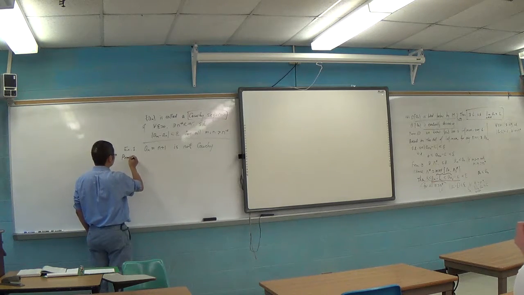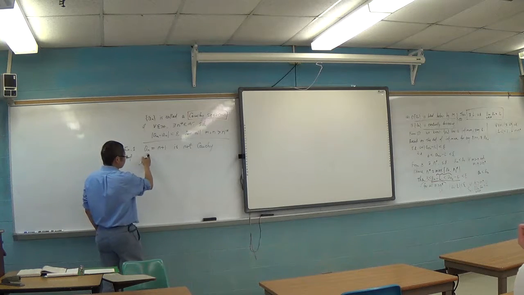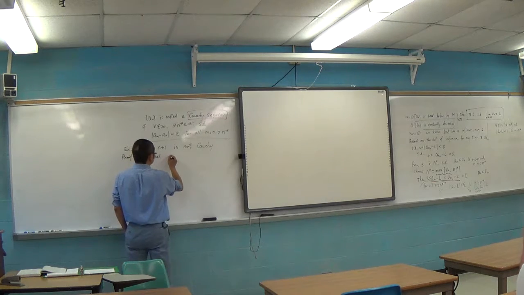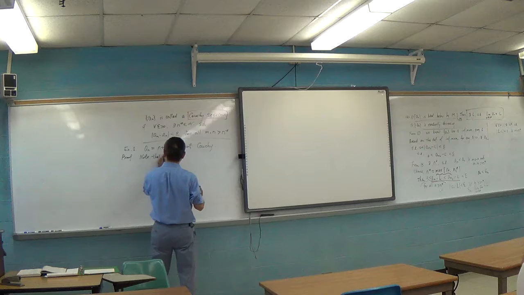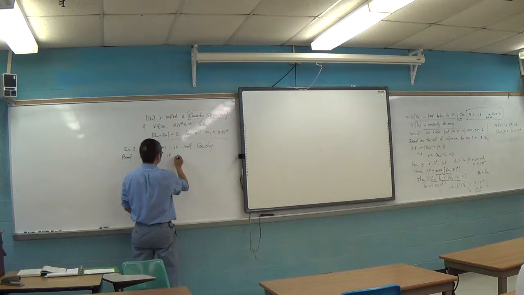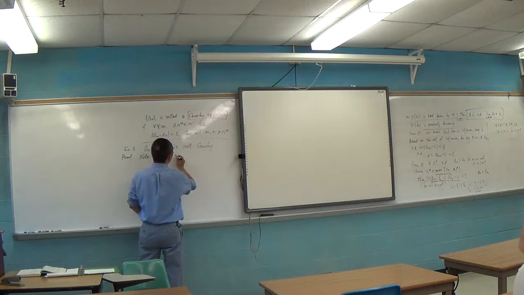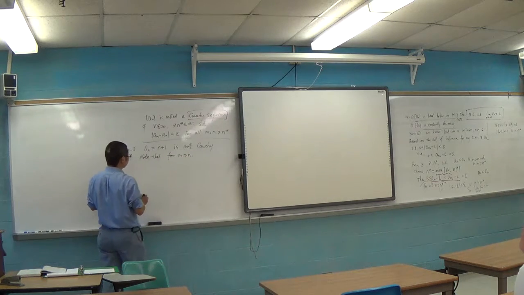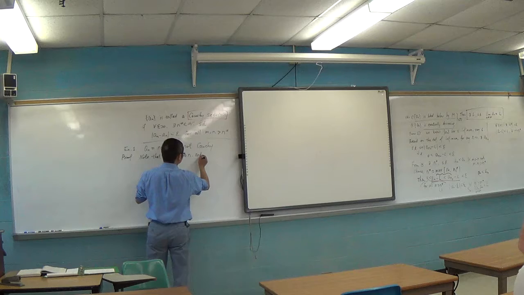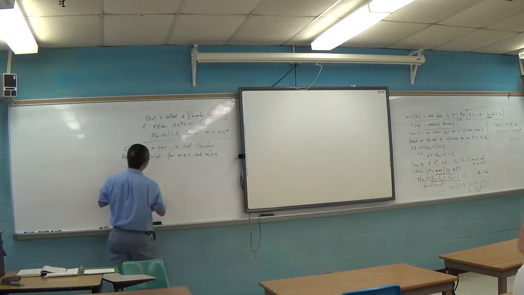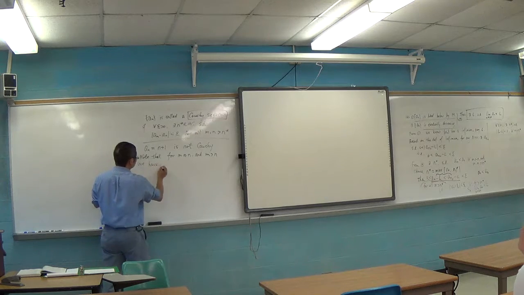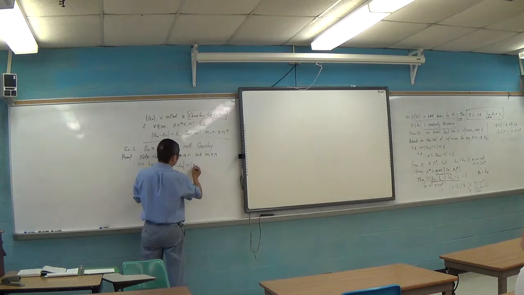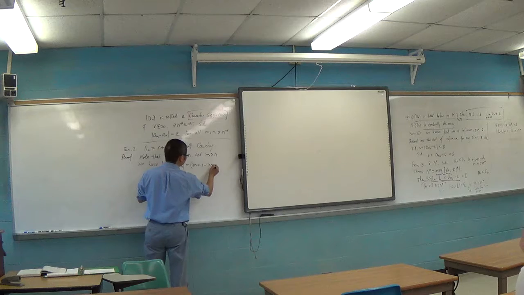Proof. Note that if m, let me say, for m not equal to n, and m greater than n, we have the absolute value of a_m minus a_n just equal to m plus 1 minus n plus 1.